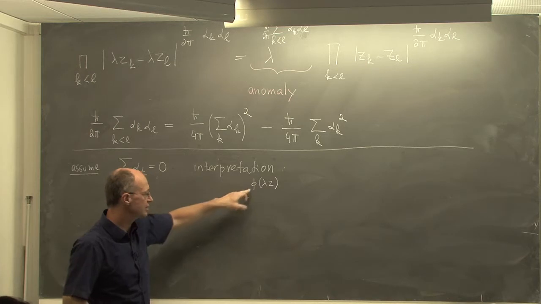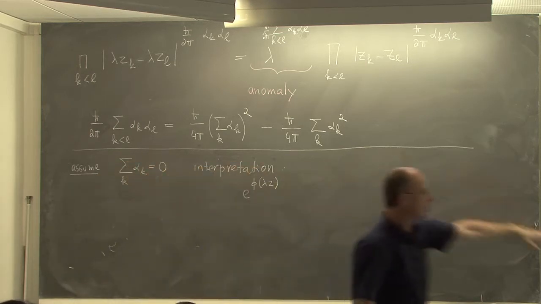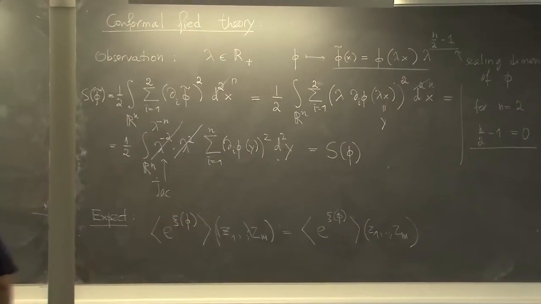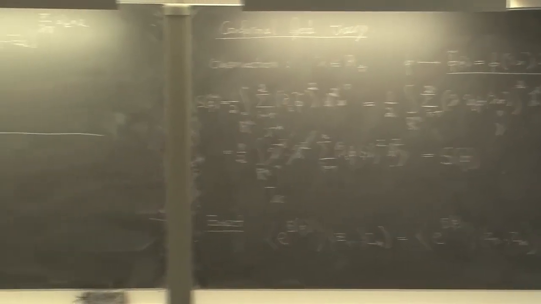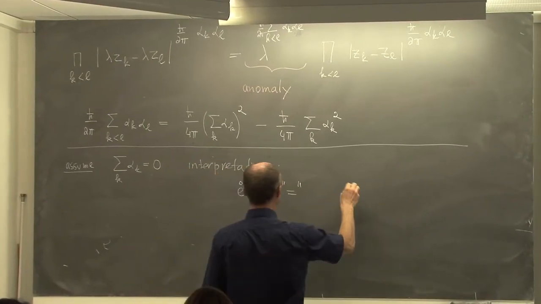The expression exponential of phi lambda z, remember we had here the product of exponentials of alpha times phi lambda. Let me put here alpha. Scales, whatever that means.